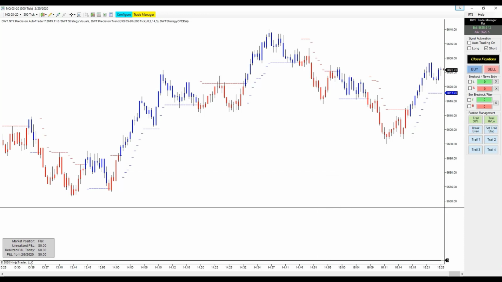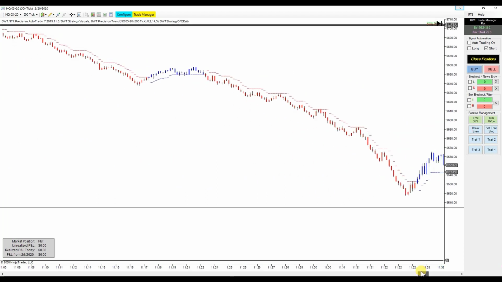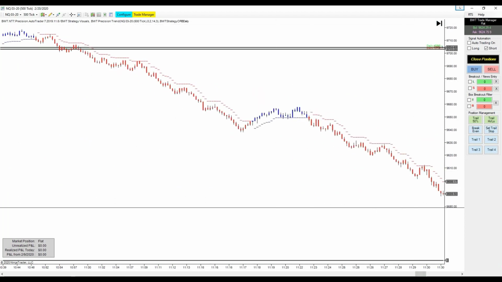Well, I said, you forgot to actually activate the Autotrader. You see, even though I clicked short, I forgot to actually activate the Autotrader by clicking this button. And so the Autotrader did nothing. And of course, I missed out on an amazing move down from the open range filter.